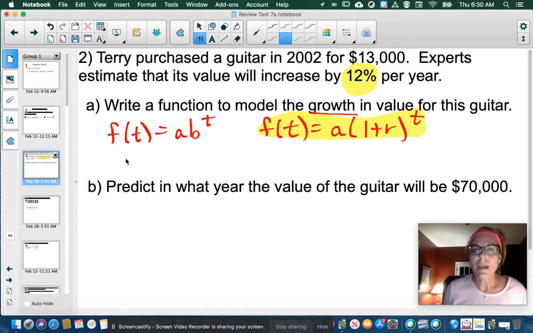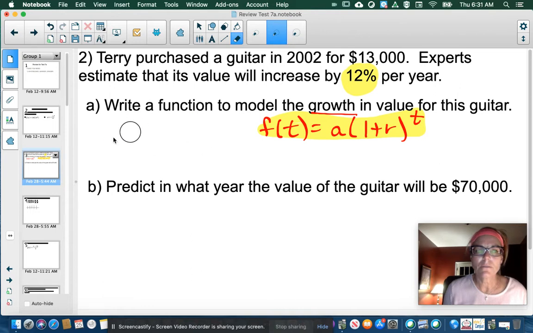So we know that, get rid of this now. A is the value of the guitar.